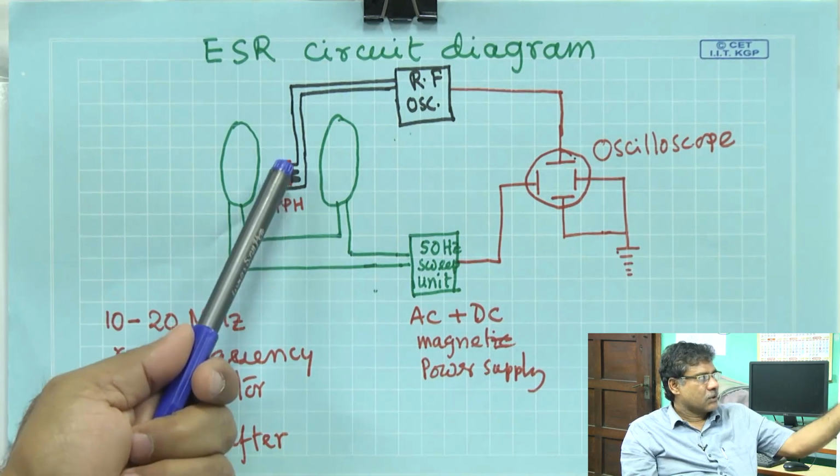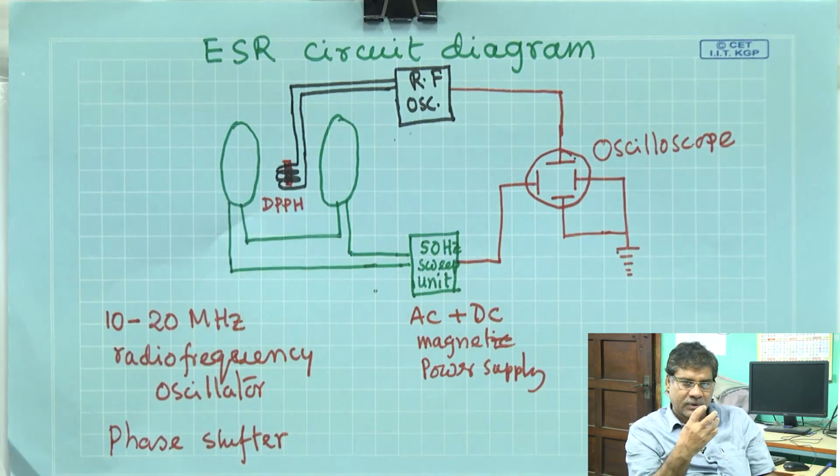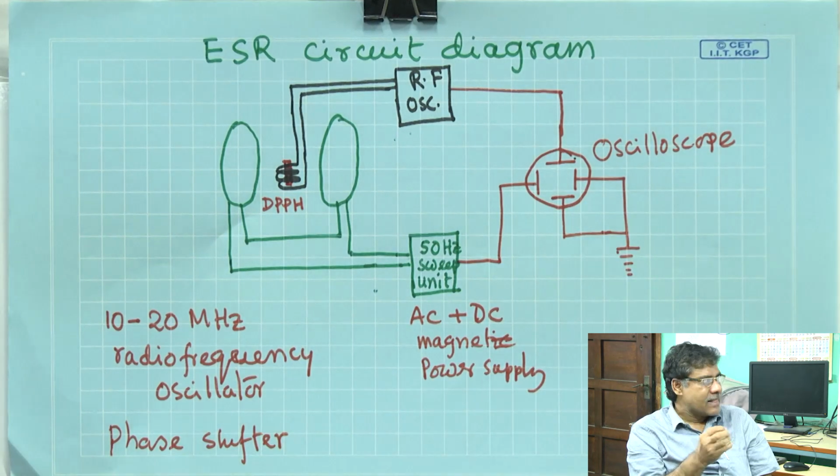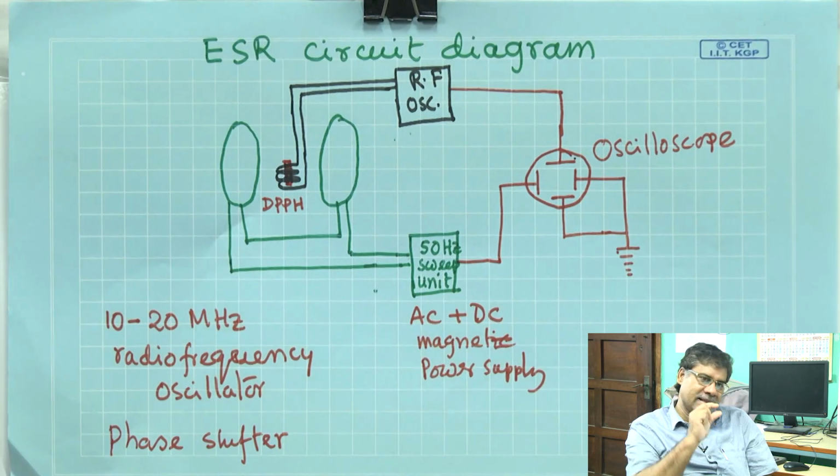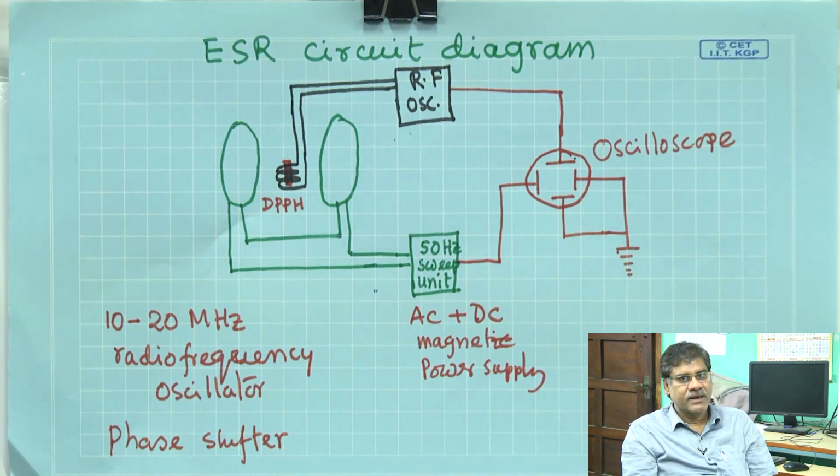So our sample is getting a magnetic field as well as the radio frequency wave. The radio frequency wave's energy is h nu, and if magnetic field H is applied, then the energy splitting will be g s mu B H, as I showed.